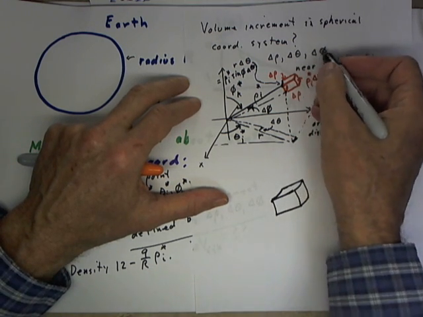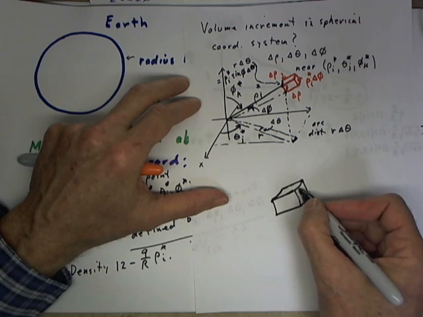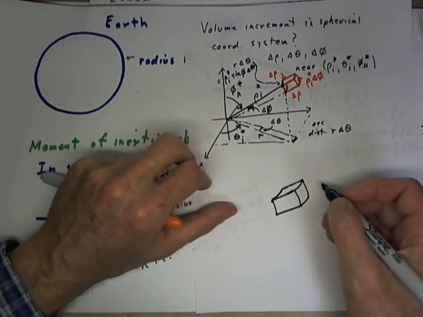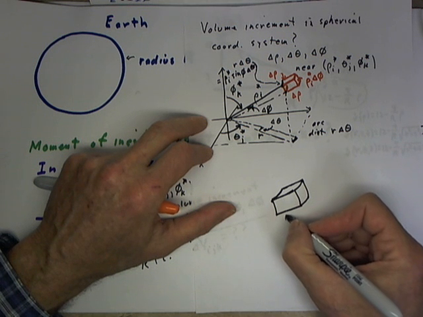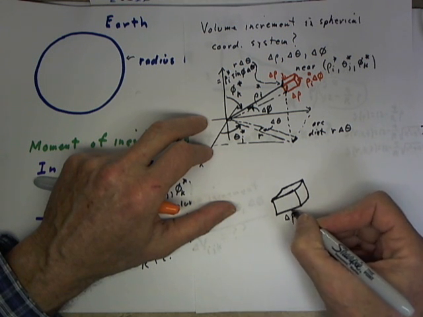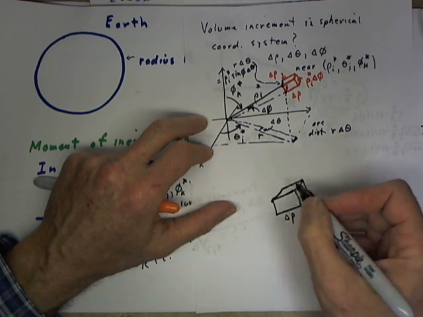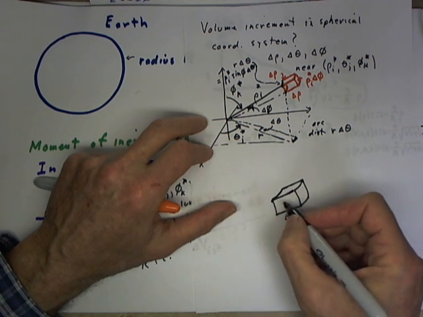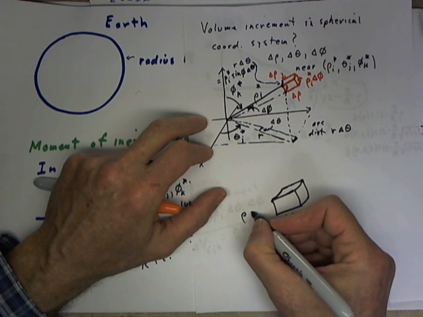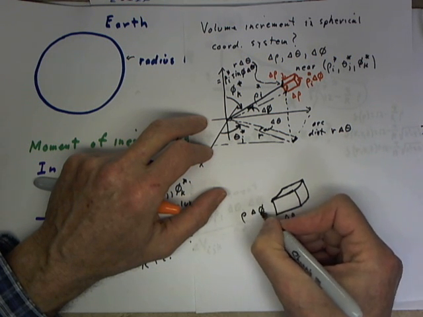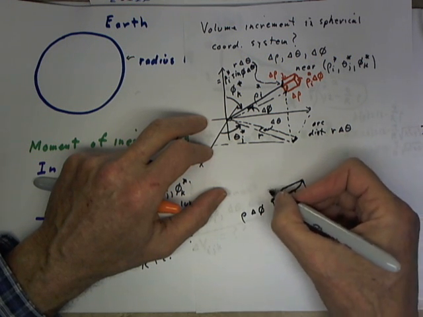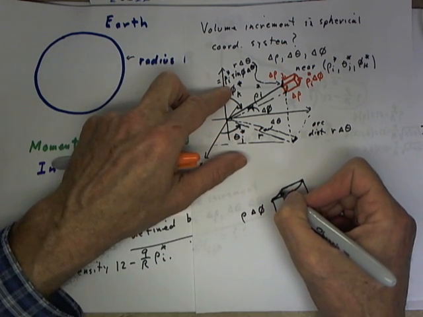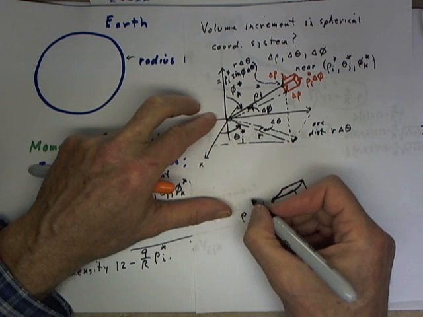If delta theta and delta phi are small, these arcs will be very close to straight lines. The dimensions of the rectangle that we approach will be delta rho by rho delta phi by r delta theta, which is rho sine phi delta theta.